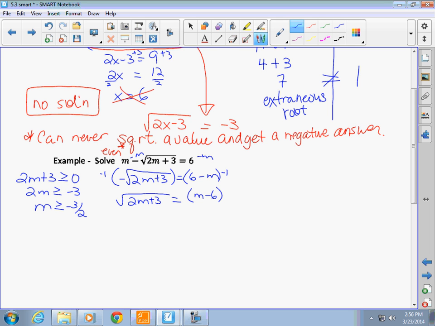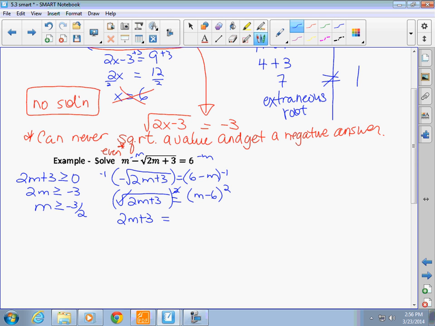So now I need to square both sides. Squared and square root cancel. I have 2m plus 3. I'm squaring a binomial. Remember, when you square a binomial, you have to end up with a trinomial, with three terms.